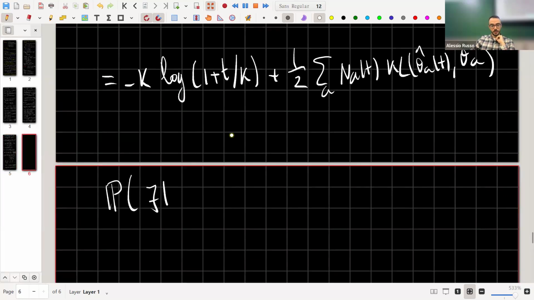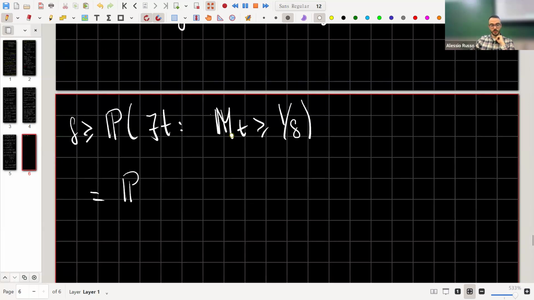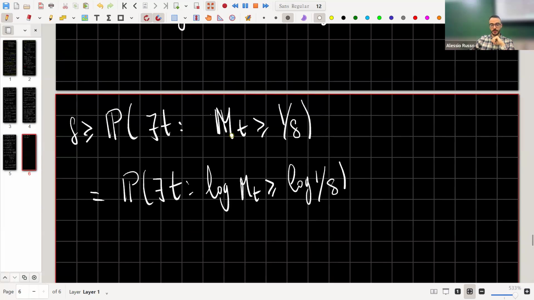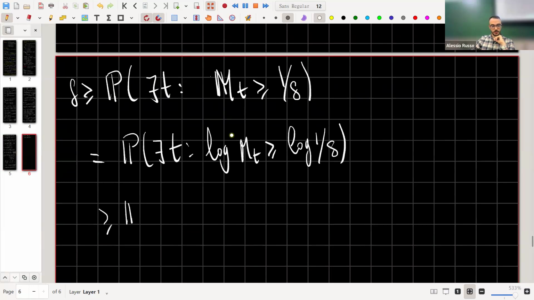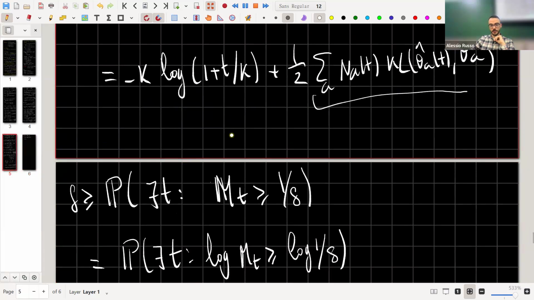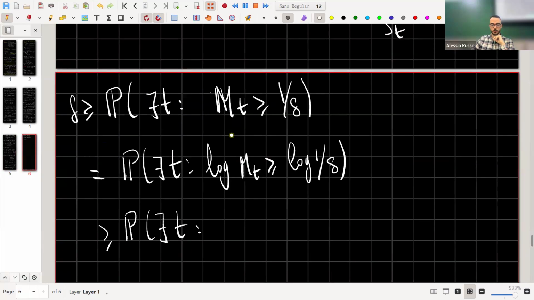So by Ville's inequality, we know that delta is bigger than this probability. We apply the logarithm because it's a monotonic transformation. But then we just found this lower bound on log Mt. So this, we call it St, the original quantity that we wanted.